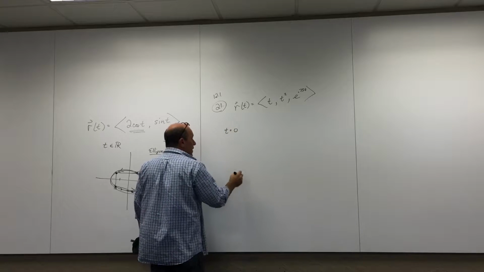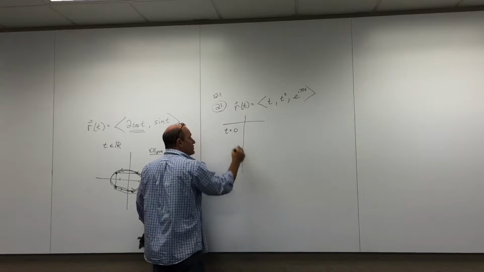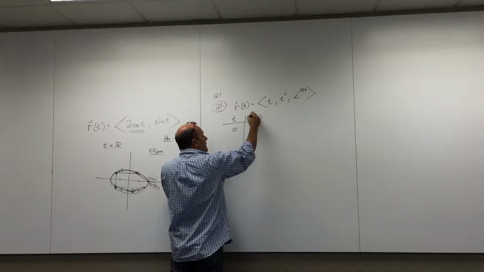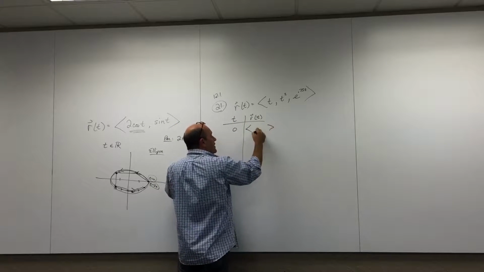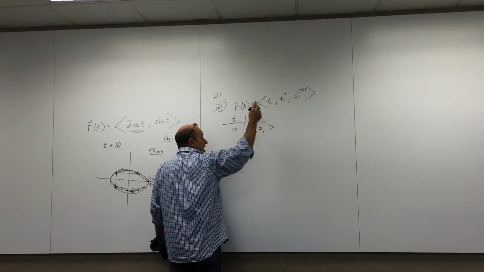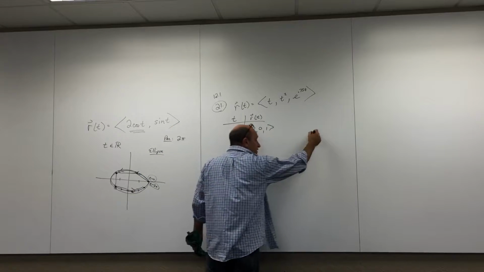If t equals 0, so what am I doing? I'm making a chart. I'm plotting some points. t equals 0, and then what's r of t? r of t is a vector. If t is 0, what do you get? 0, 0, and e to the 0 is 1. Now keep in mind, this is 3 dimensions.